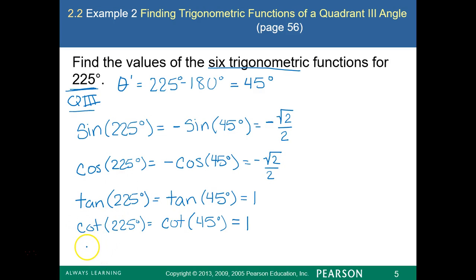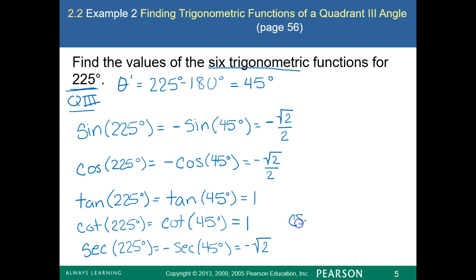So for secant of 225, it's the same as negative secant of 45, which is negative square root of 2. And then the same thing goes with cosecant.